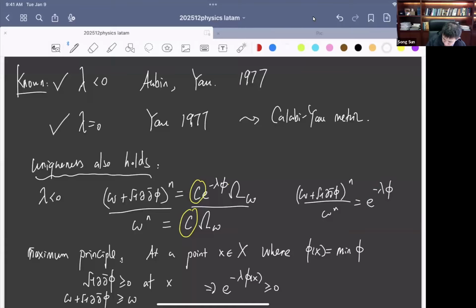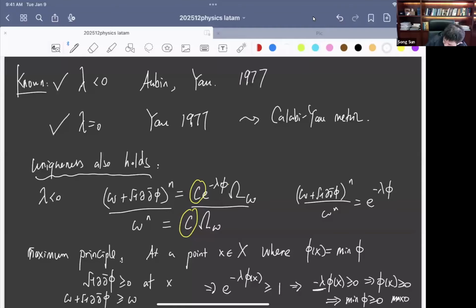That means negative lambda phi(x) is bigger or equal than 0. Now negative lambda is positive, so phi(x) is non-negative. So the minimum of phi is non-negative. And similarly, the maximum of phi is non-positive. So that means phi is 0.